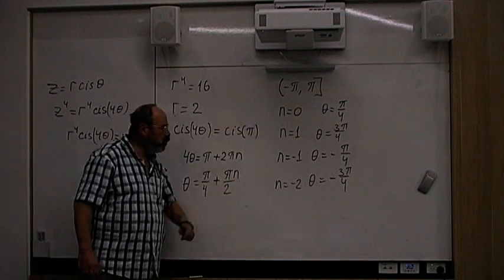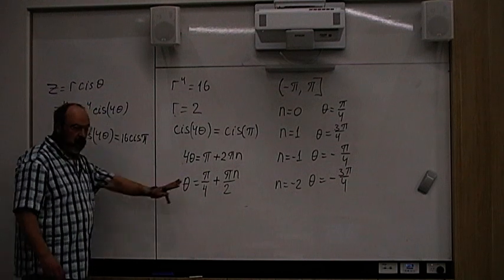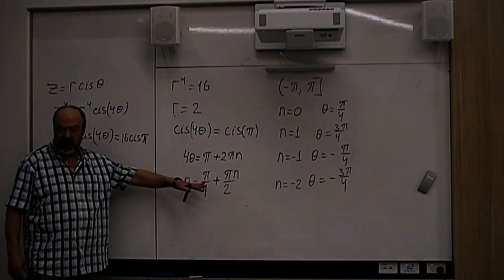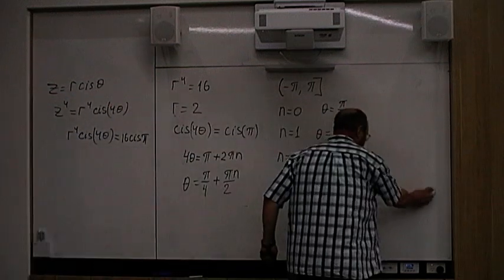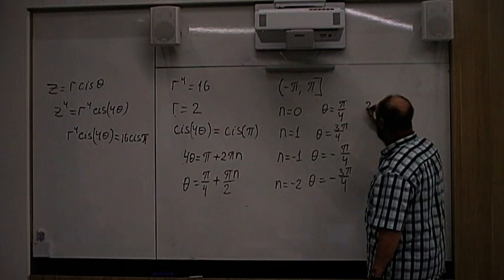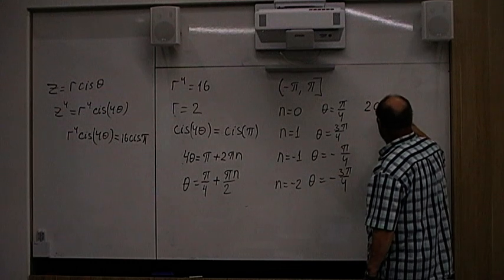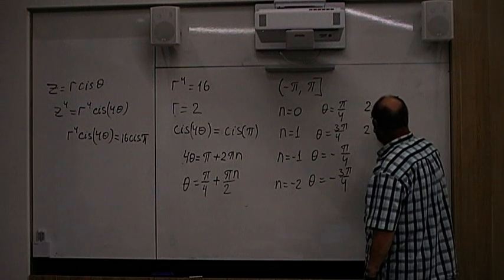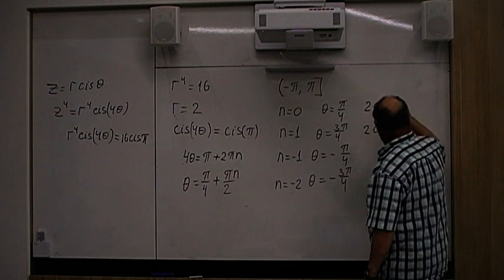So let's write all those solutions first in the polar form. Does all make sense, what we did? So in the polar form, we have 2 cis pi on 4, we have 2 cis 3 pi on 4. Why 2?